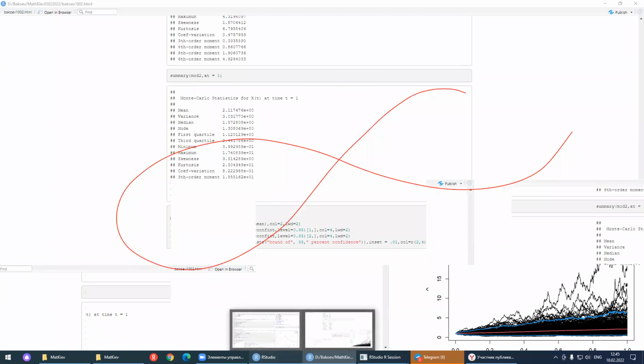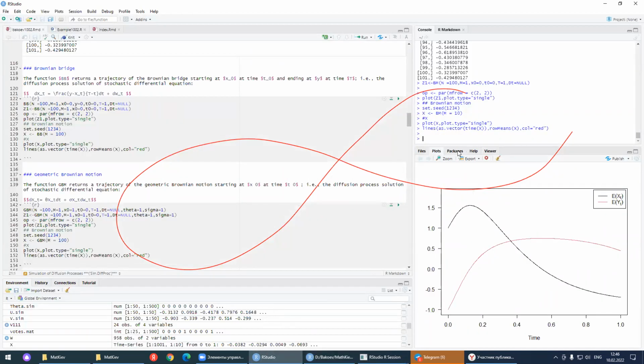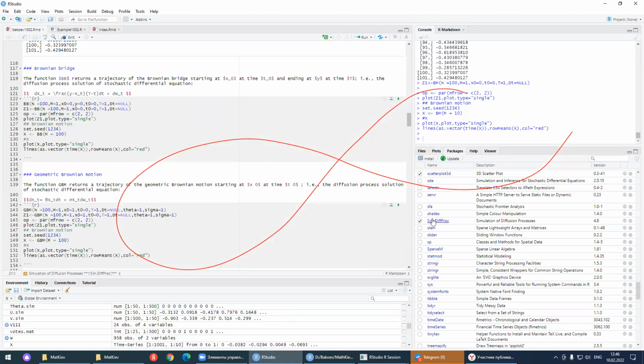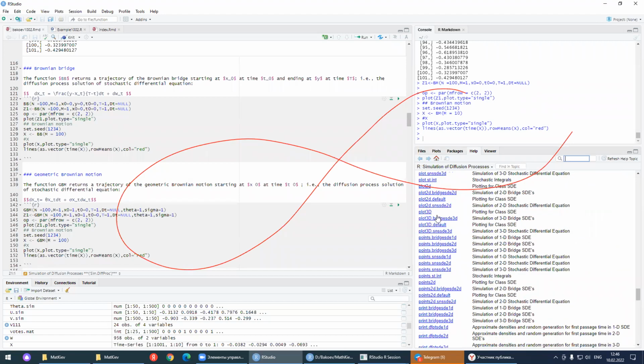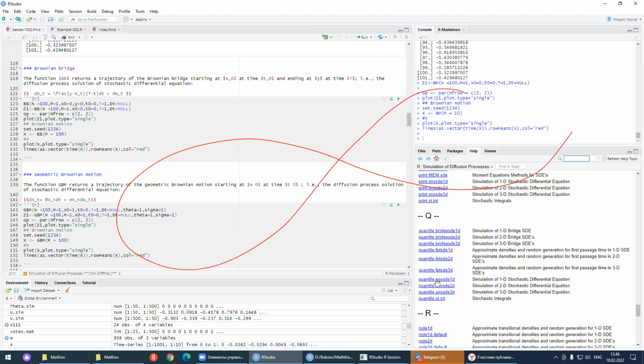If you look at this packages, the simulation process, we have a lot of functions here, and we have a function for the solution of the inverse problem too. You have to look through all the functions in this package, and we have another package called SDE, Stochastic Differential Equation, and using these packages you can simulate or solve the inverse problem too.